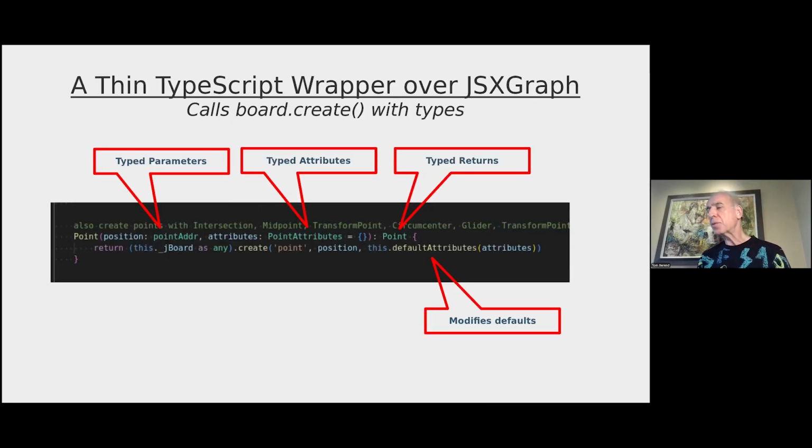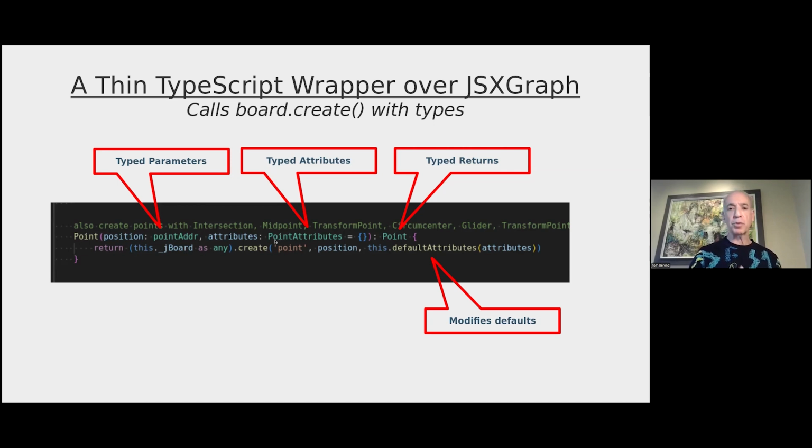TypeScript is JavaScript. Every valid JavaScript program is a valid TypeScript program, given the correct level of permissiveness in your error handling. But the value, you see that my cursor works? Great. The value is that I get to put in typed parameters and typed attributes.